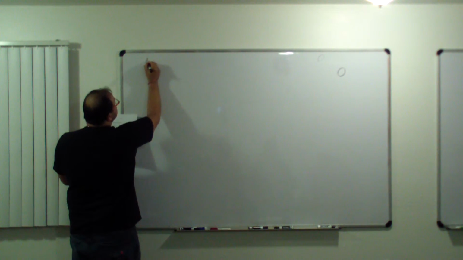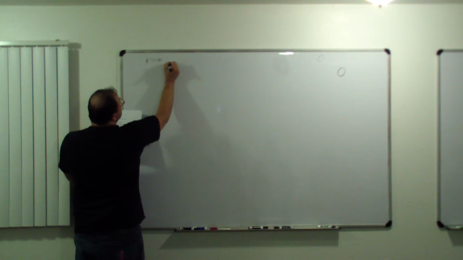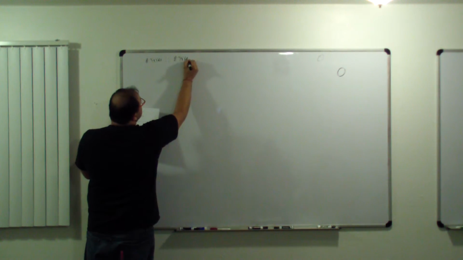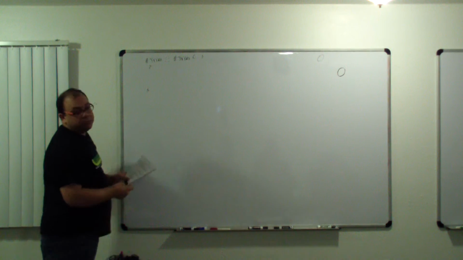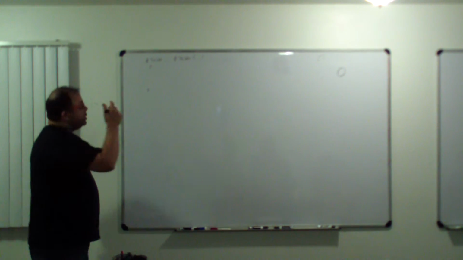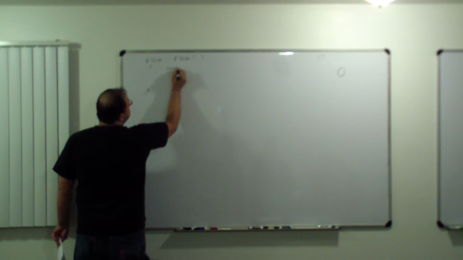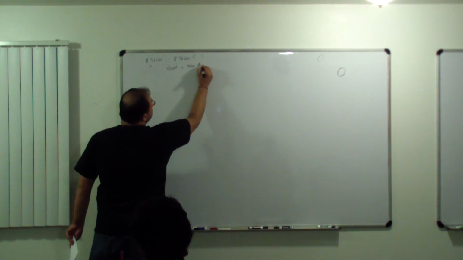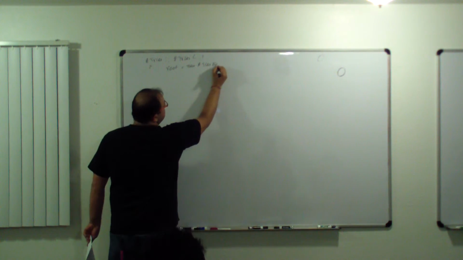Okay, so I'll write the constructor, ATrie colon ATrie. And what we will do is we'll instantiate the root. So root is equal to new ATrieNode.